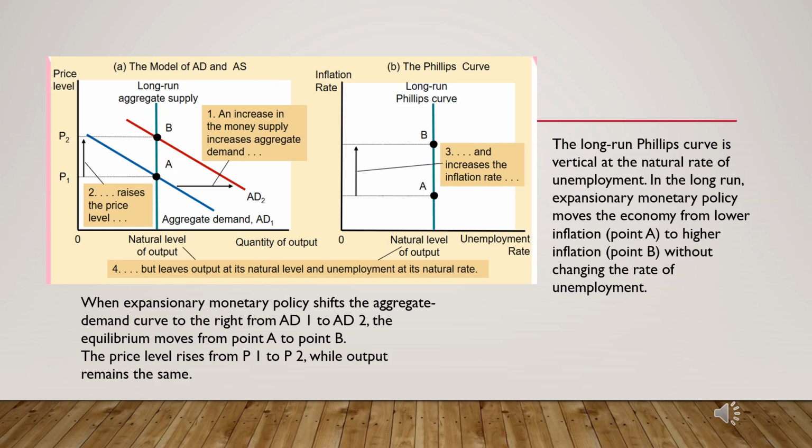Thus, we can conclude that the vertical long-run aggregate supply and vertical long-run Phillips curve both imply that monetary policy influences the price level and inflation rate, but not output and unemployment. In the long run, regardless of the monetary policy pursued by the Fed, output is at its natural level and unemployment is at its natural rate.